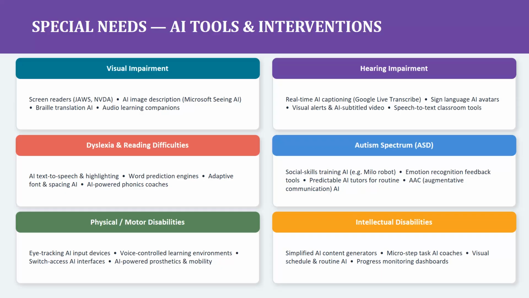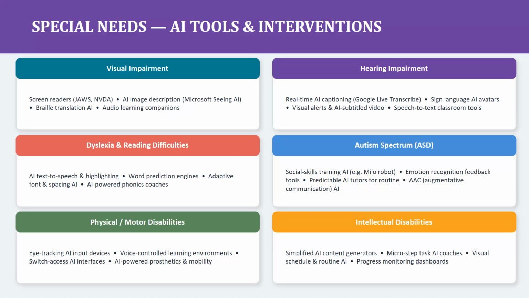Therefore, as we speak about this, we have to understand what the special needs are and what some of the AI tools and interventions are that are being applied today in order to provide solutions. So what I've displayed for you is visual impairments, that is a special need. Hearing impairment is a special need.